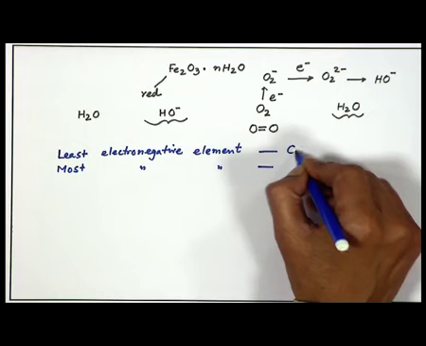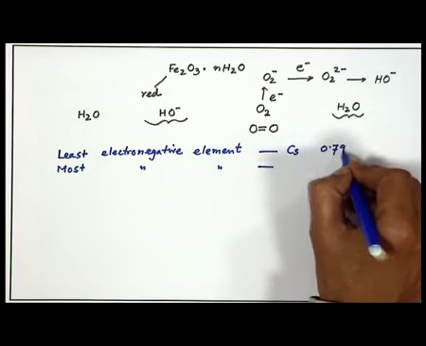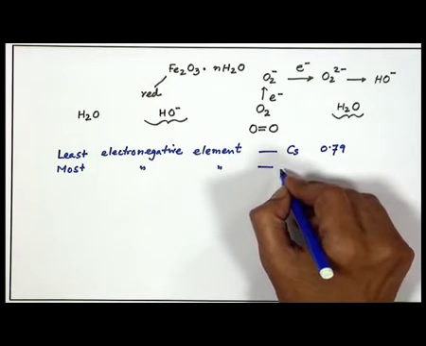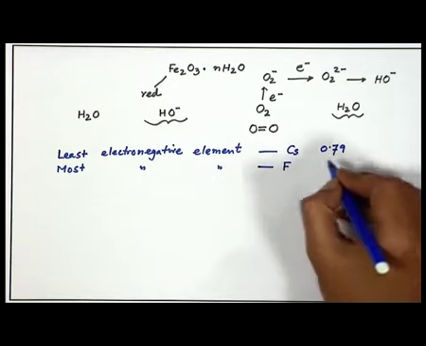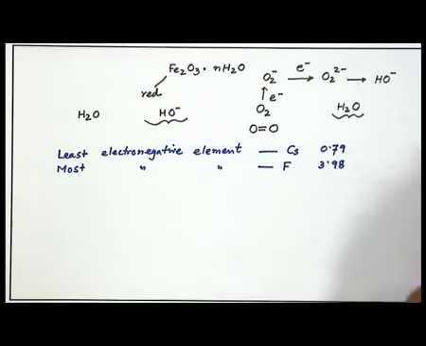So, this is cesium, having a value of 0.79 in the Pauling electronegativity scale, and the most electronegative one is fluorine, which is 3.98.